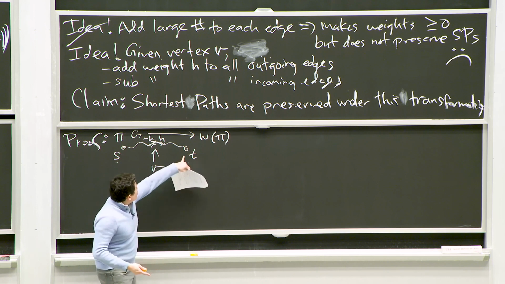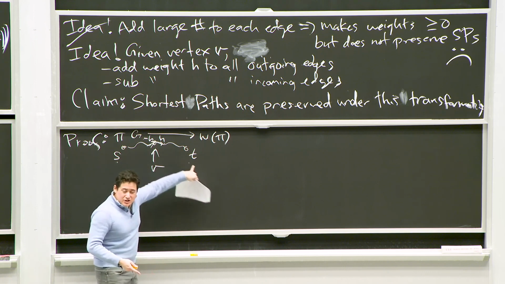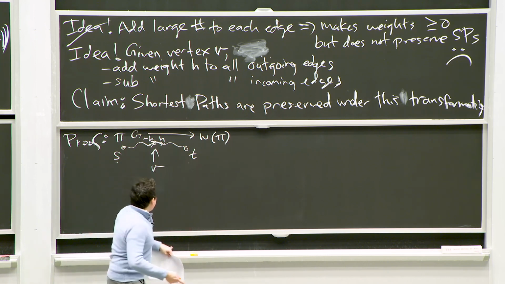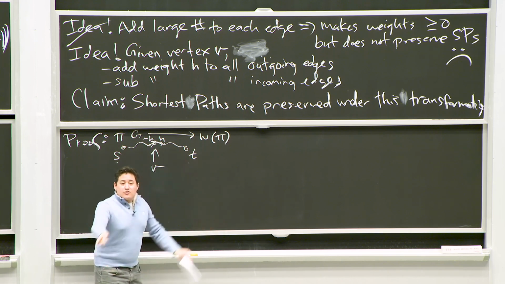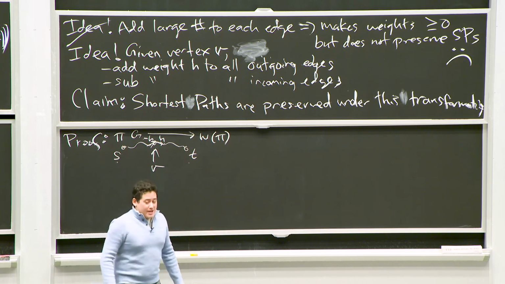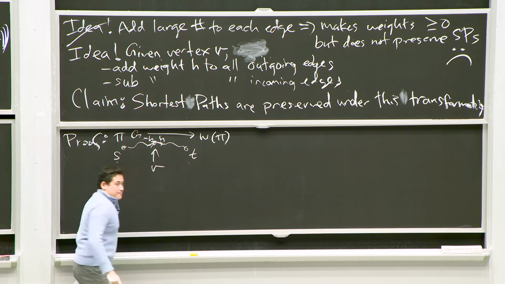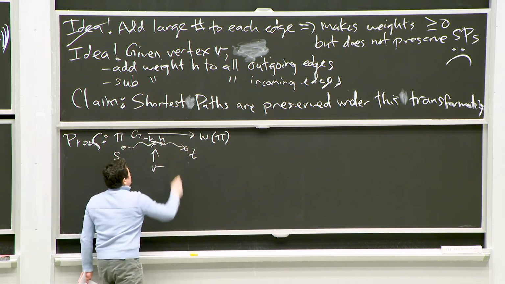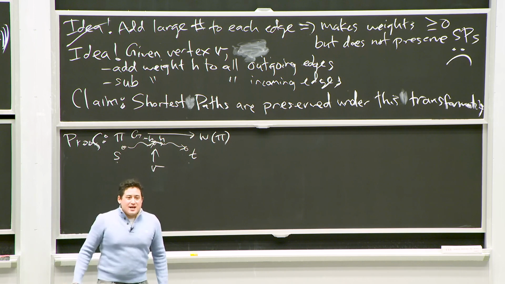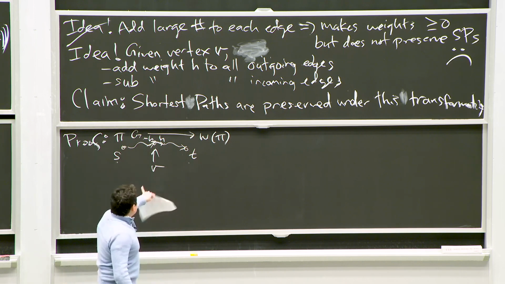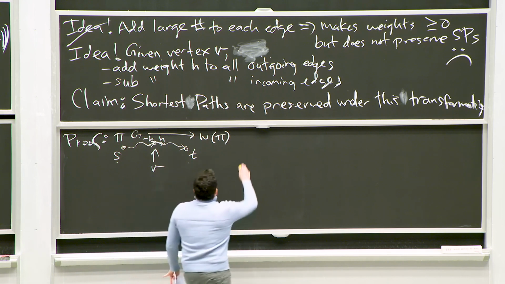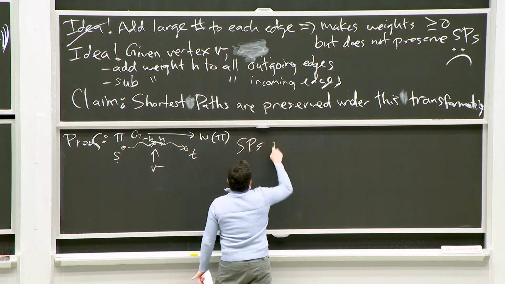And same goes for T. If T, the end vertex, is V, I'll have subtracted H from all of my incoming edges, which means that any path ending at T, any directed path ending at T, also changes by the same value, and so shortest paths must be preserved. So shortest paths preserved.